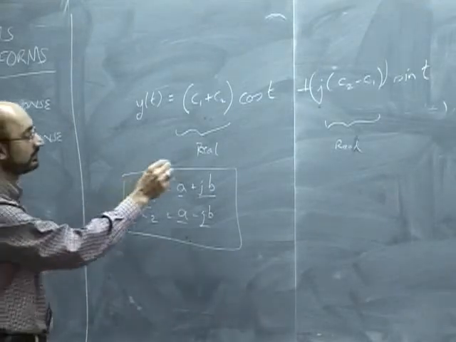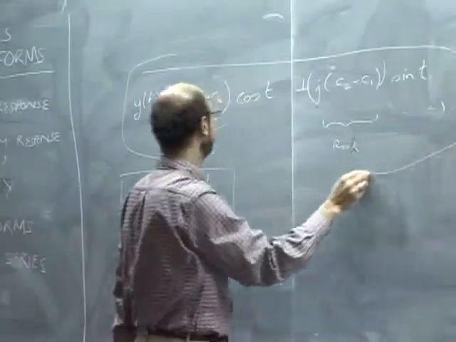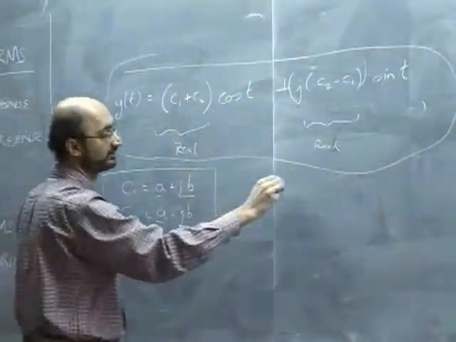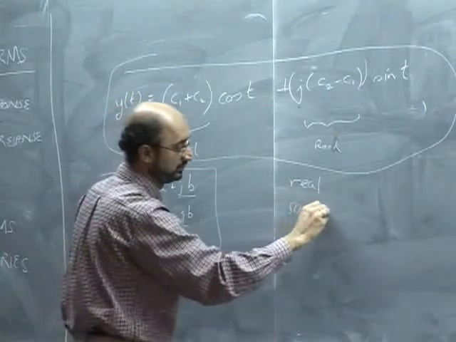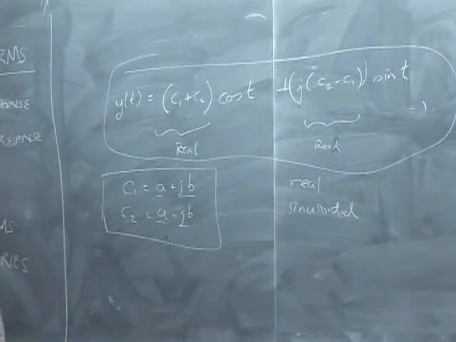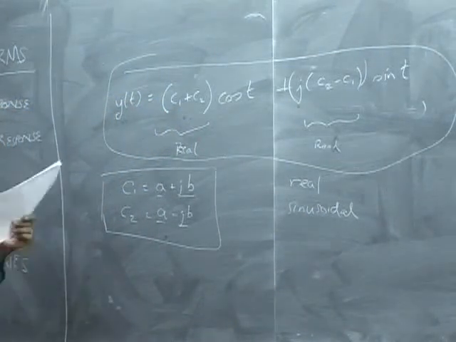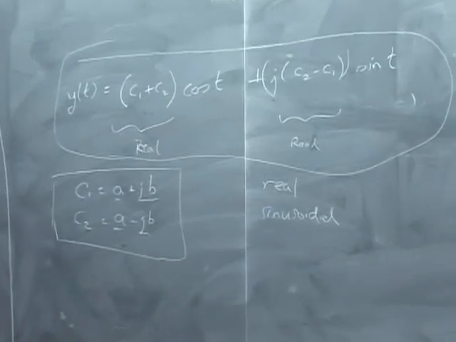The interesting point from another perspective is that this whole thing is actually a real sinusoidal response. It's real because we define it to be real, but it's pure sinusoidal. There are no complex components to it.